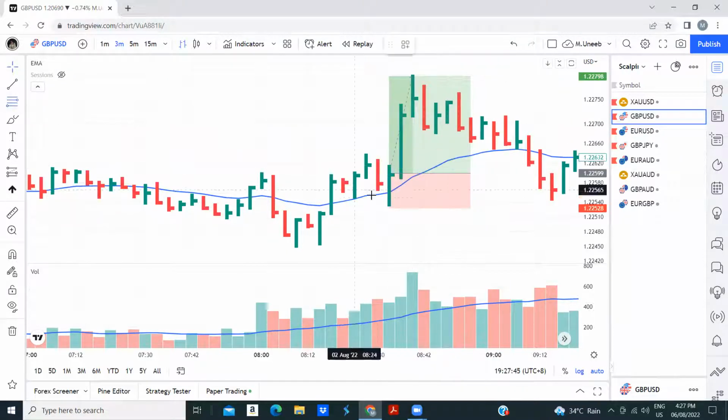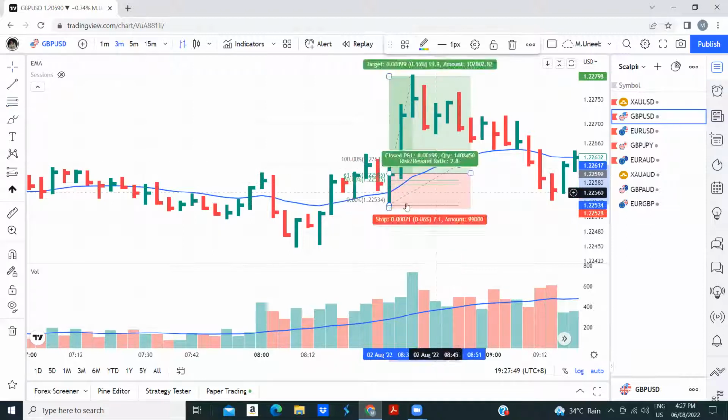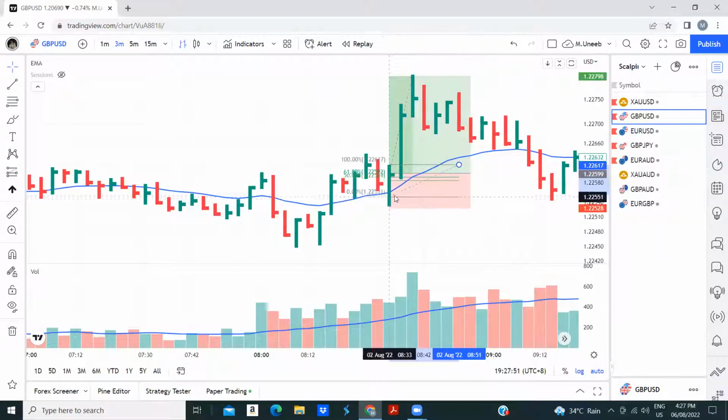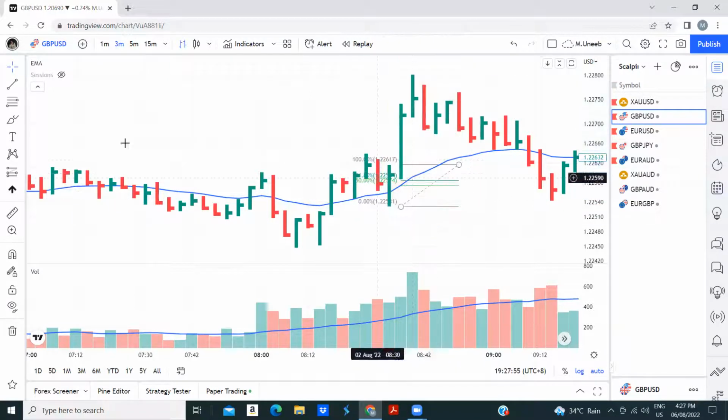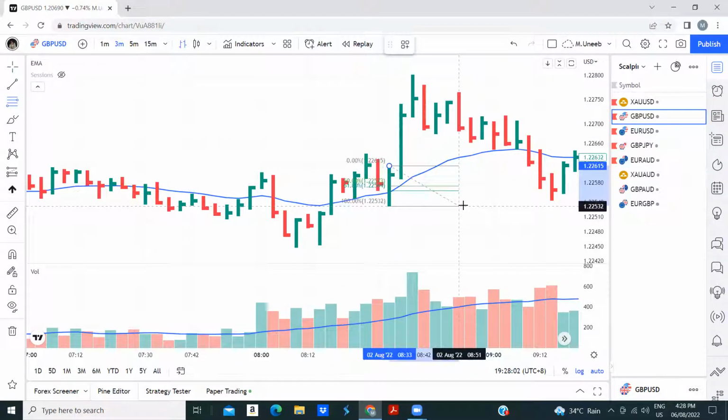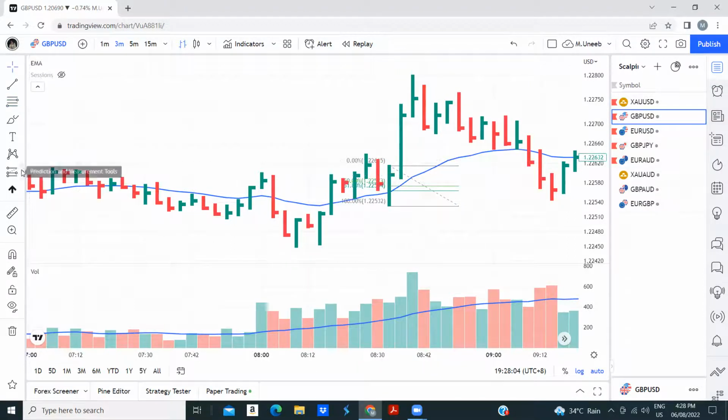Now, if I place the Fibonacci tool and just measure it and place my stop loss, sorry, I measure the bar like this. You have to measure the bar vertically from down to up. If it's a bearish bar, do I measure from down to up?